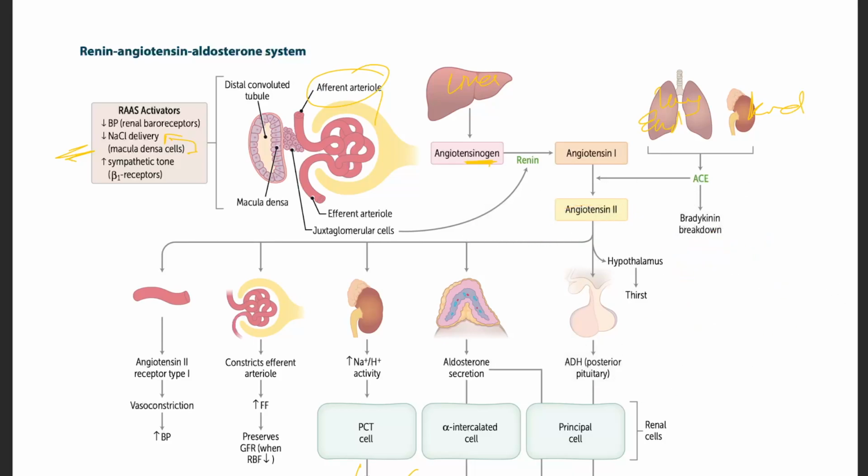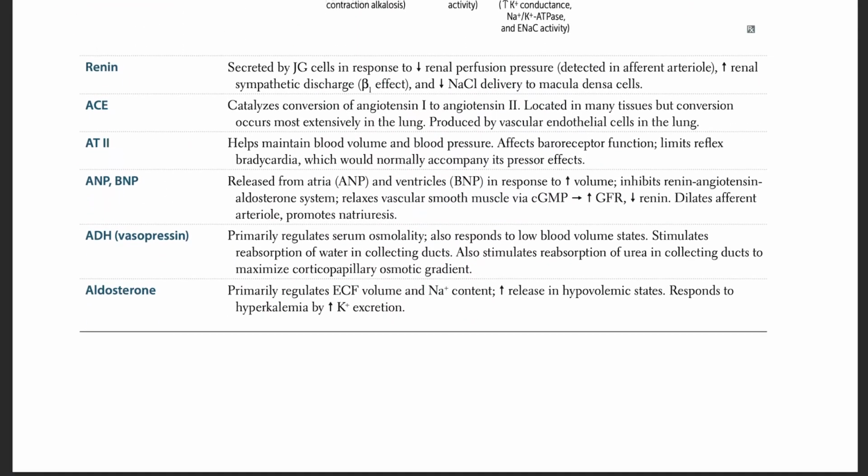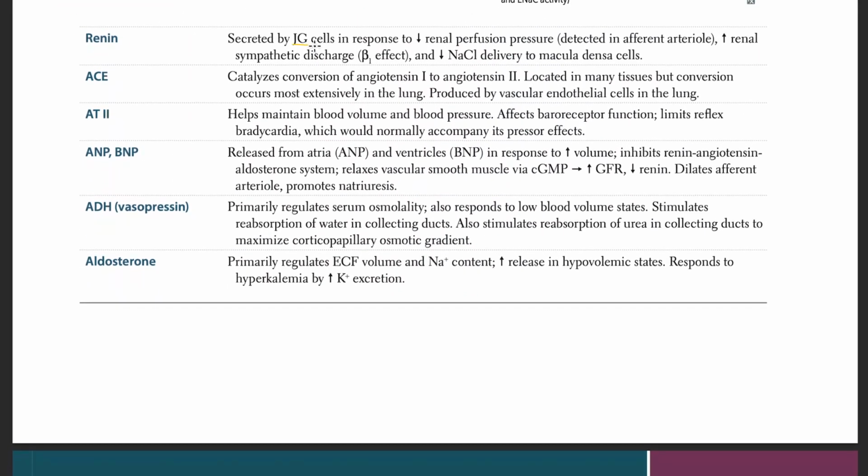So let's read this now. Renin is secreted by the JG cell in response to decreased renal perfusion pressure, detected in the afferent arteriole, right? And an increase in renal sympathetic discharge, beta 1. This is all about the RAAS activators we talked about up top in the table.